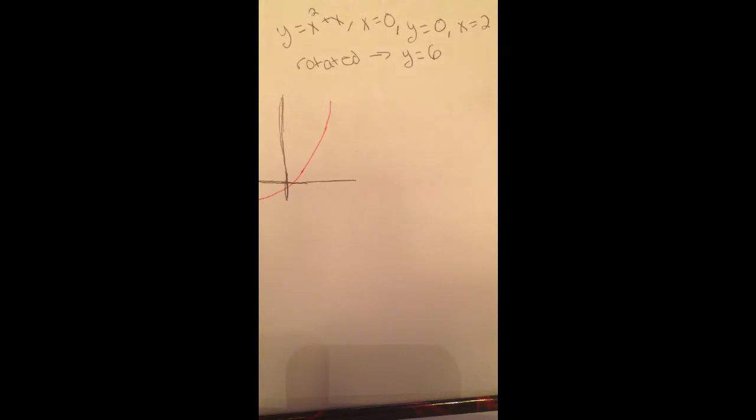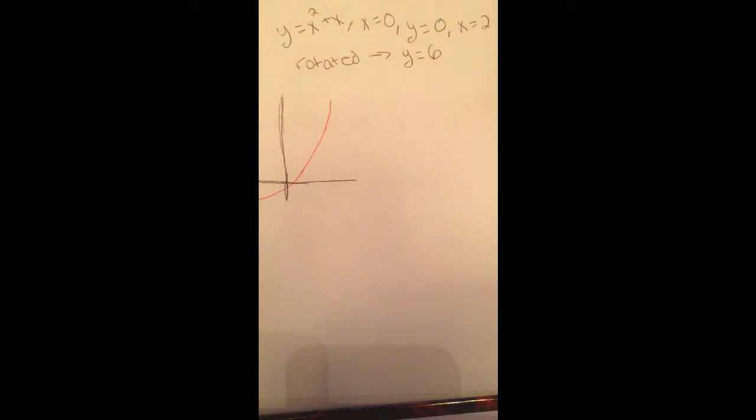Okay, so the problem is to find the volume of the region enclosed by y equals x squared plus x, x equals 0, y equals 0, and x equals 2 when it's rotated about the line y equals 6. So I started drawing a sketch of this graph, and this parabola here is what x squared plus x looks like.